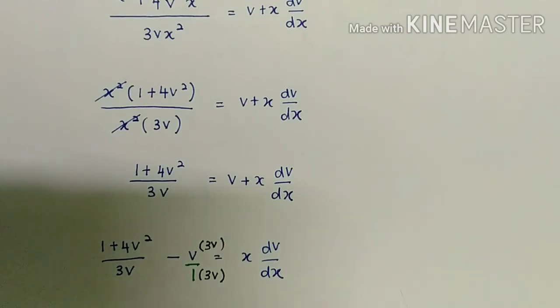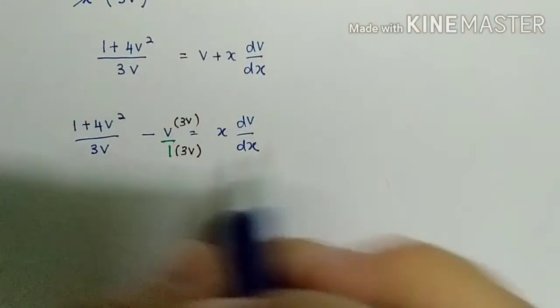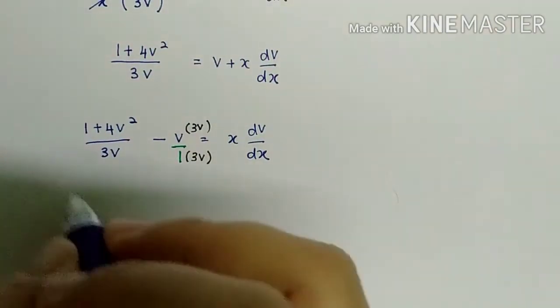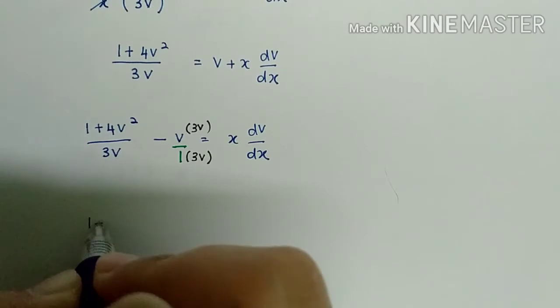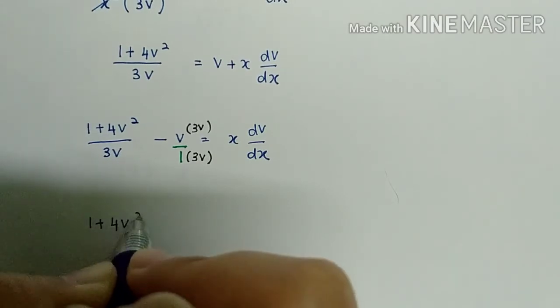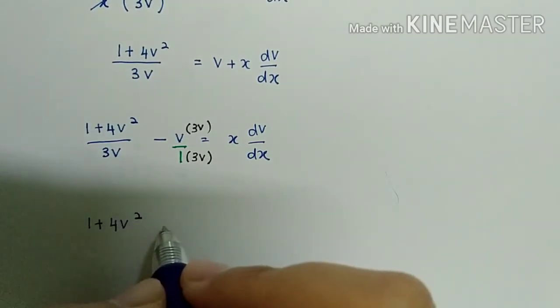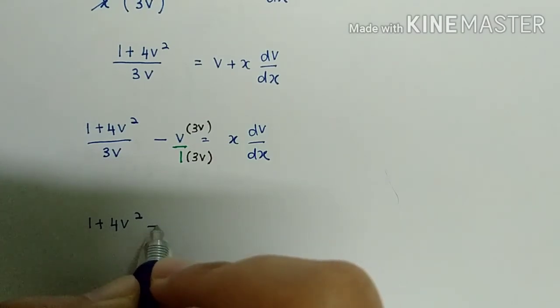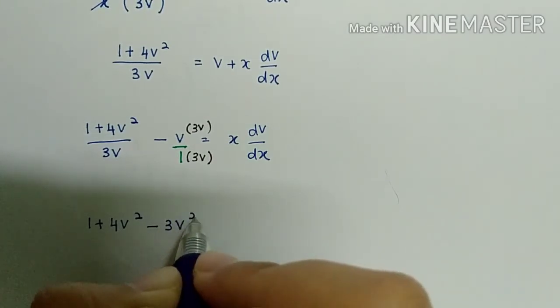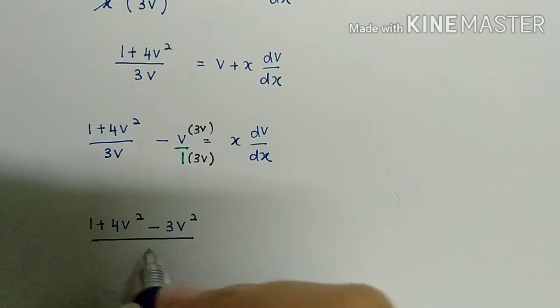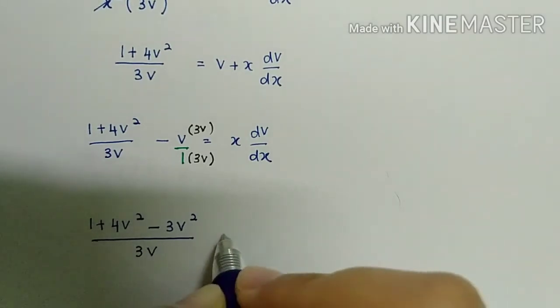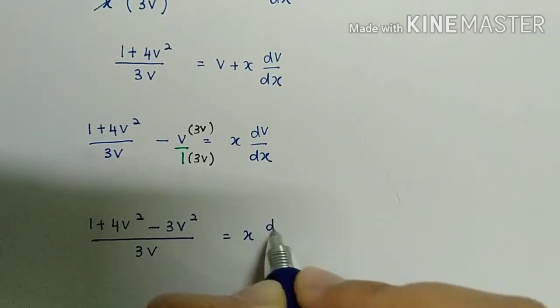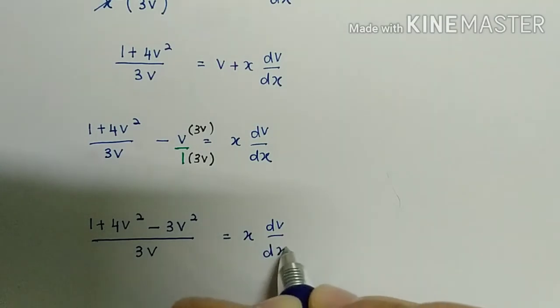So we get 1 plus 4v square minus 3v square divided by 3v equals x dv over dx.